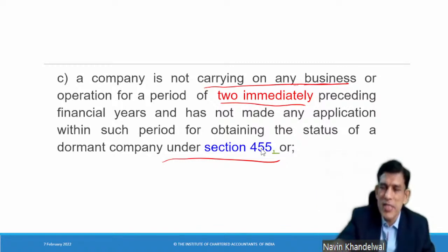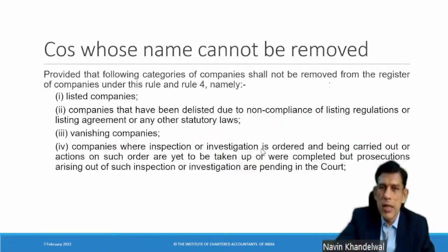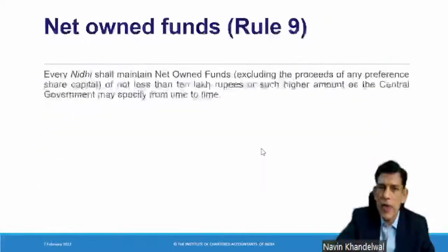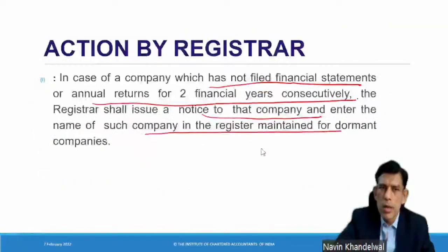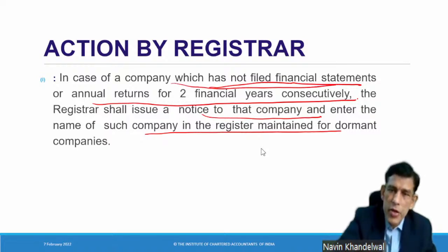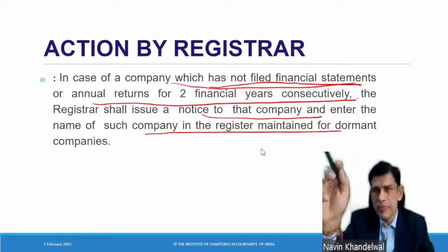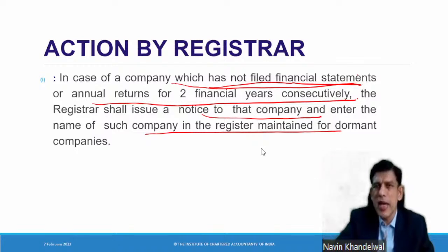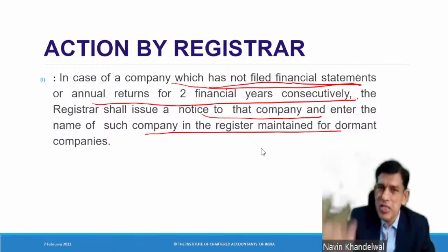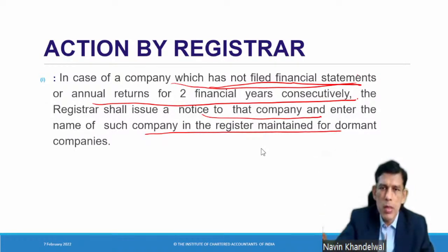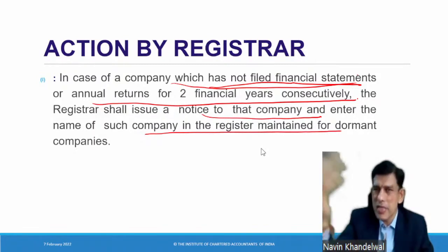When you are not carrying on business and no application has been filed out here, where you have not filed financial statements. So obviously, in turn, it will mean that you are not doing any business. So in that case, the registrar may make an application either to remove your name, strike off your name, or to classify the company as a dormant company.